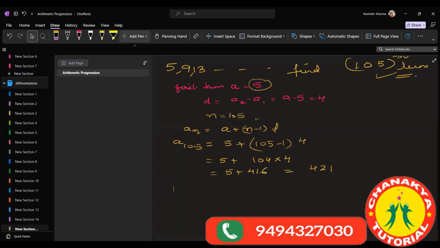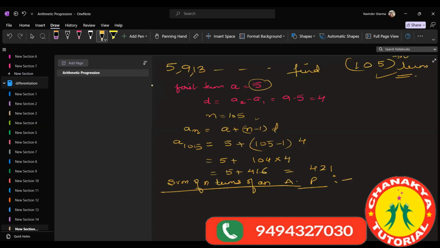Now next is sum of n terms of an AP. So what is your sum of n terms? It means the sum of n consecutive terms of any arithmetic sequence.